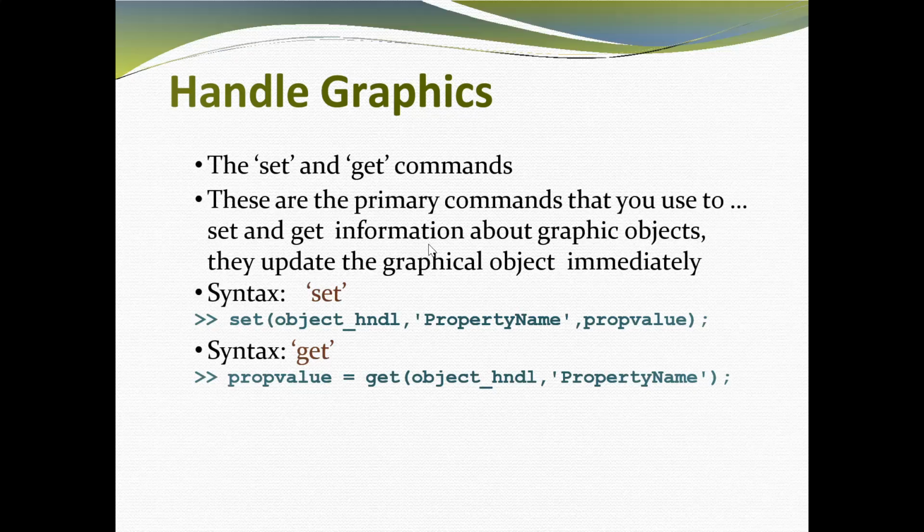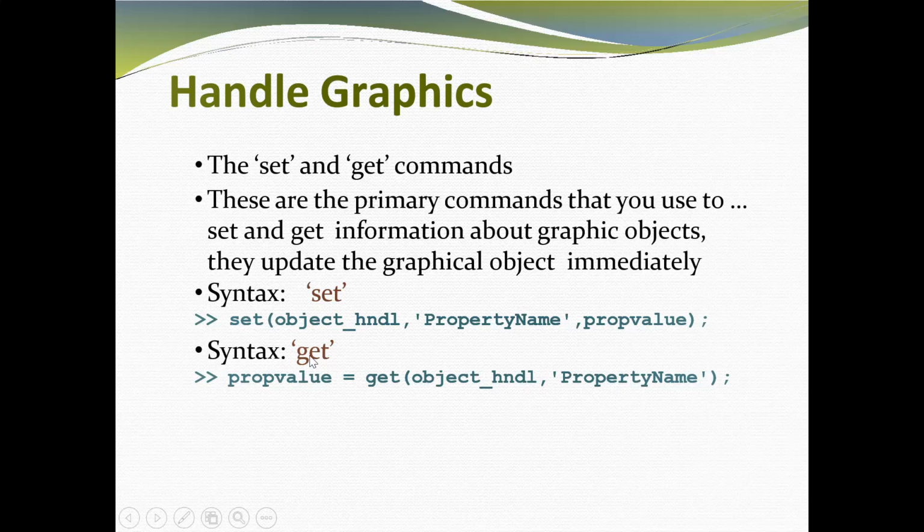These are the primary commands that you use to set and get information about graphic objects. They update the graphical object immediately. The syntax is you use the keyword set, then you put the object handle, then the property name and then the property value.